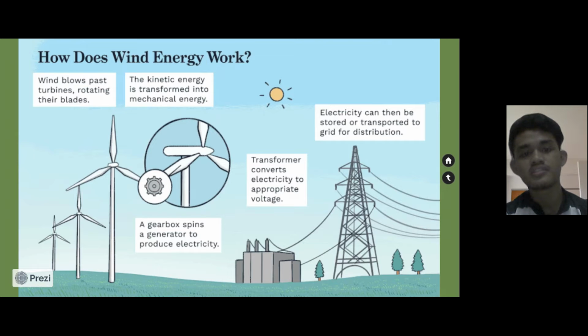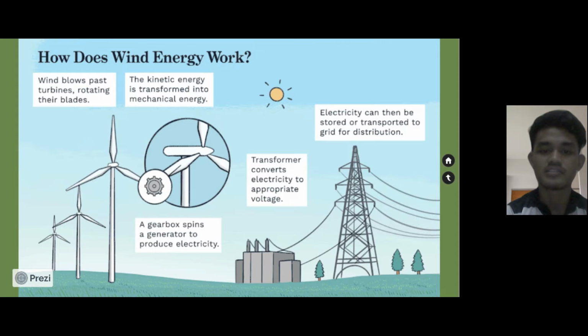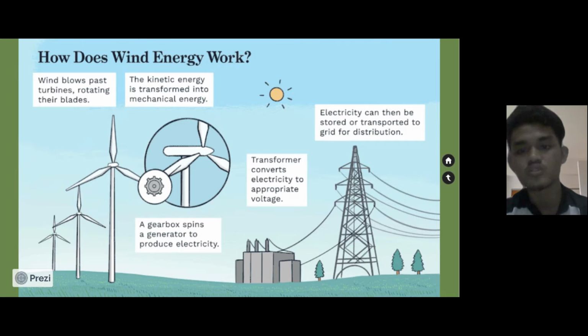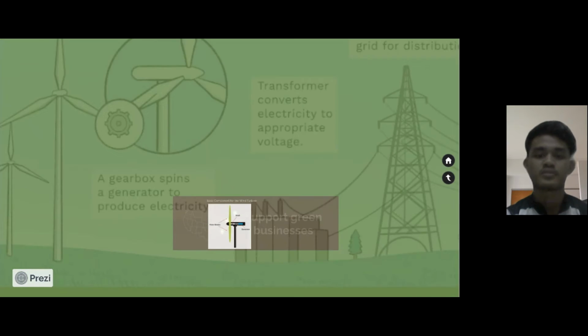This kinetic energy is transformed into mechanical energy, and from the mechanical energy we transform into electrical energy by the generator. This produces electricity, which is converted into appropriate voltage by the transformer before it is transferred to our houses through the grid for distribution.